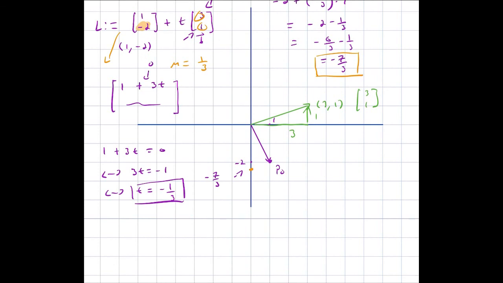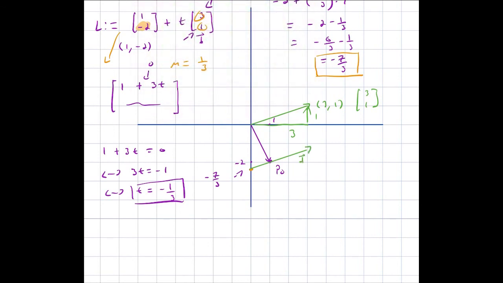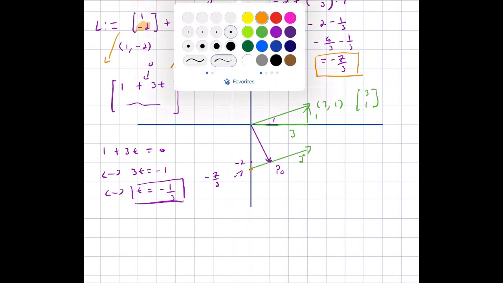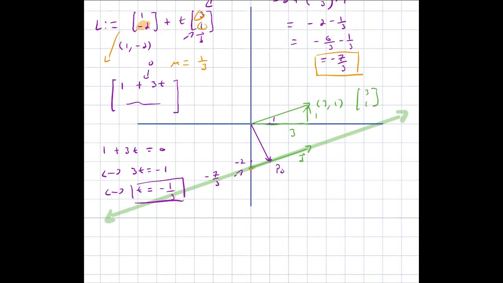So let me actually just copy this vector, which has the slope that I want, and bring it down here. And then I'm going to get roughly, if I can try to position it, there we go, like that. This is going to trace out for me this line, the vector equation of this line in both directions, like that. And there is my line.